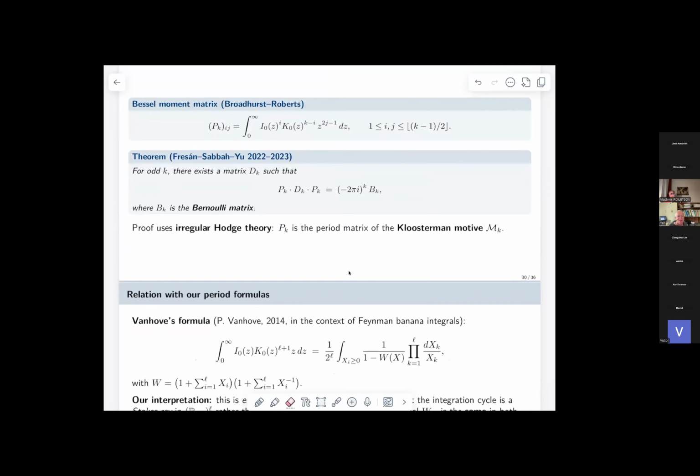There is a general motivation which, of course, I have no time for because it was not related to Bessel, but in fact, it was related to my old paper with Enriquez about separation of variables for Hitchin. Yes, indeed, an old paper with Nikita and many other people.